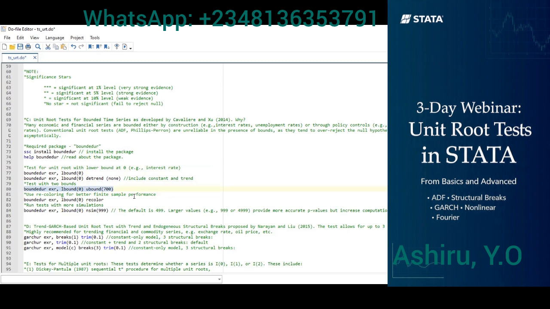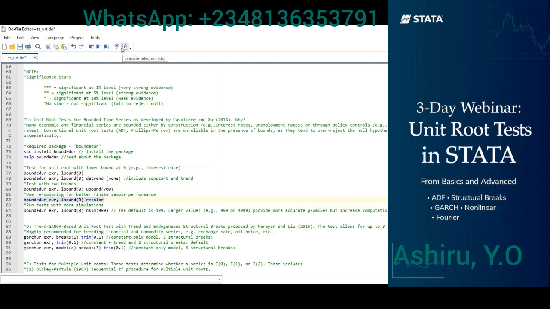Also, for better performance, especially when we have a small sample, we can add the option recolor here. I put it there to use recoloring for better finite sample results. When you have a small sample size, we can always run this.